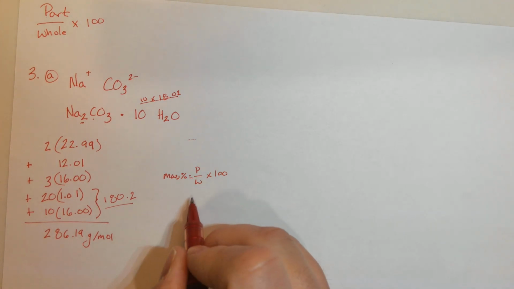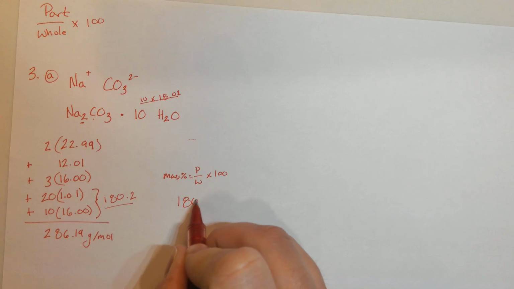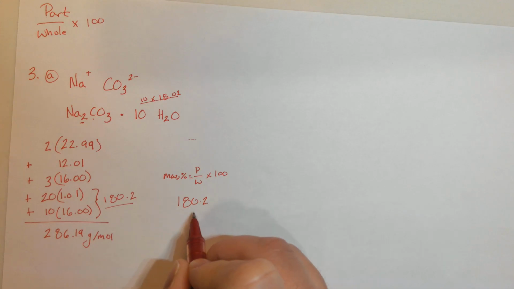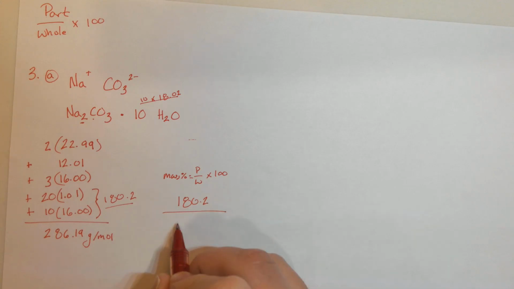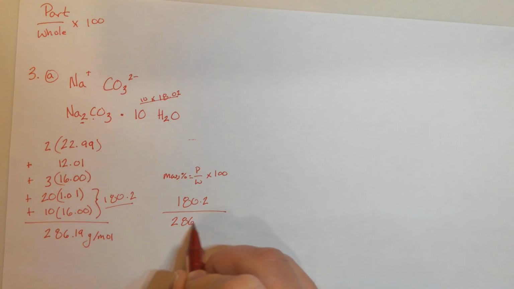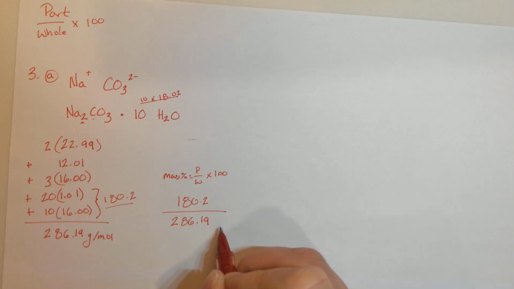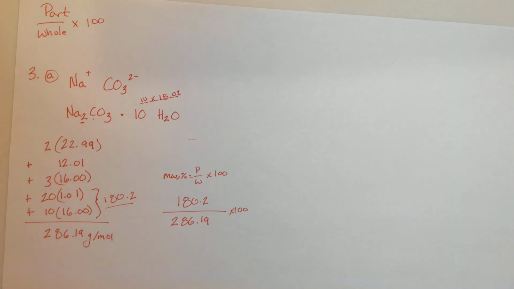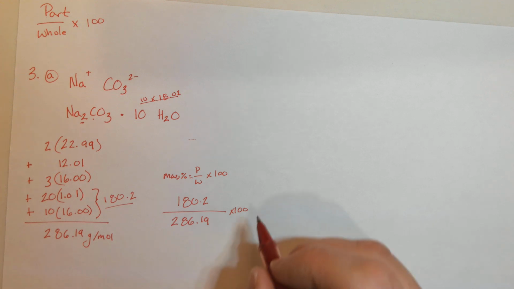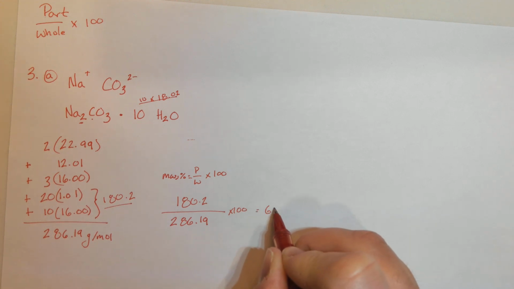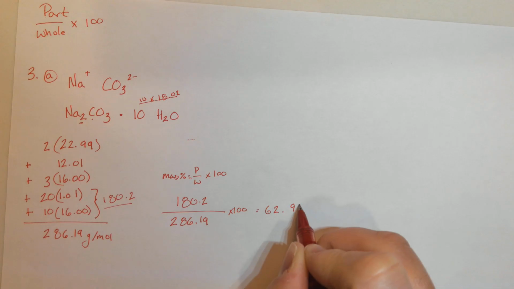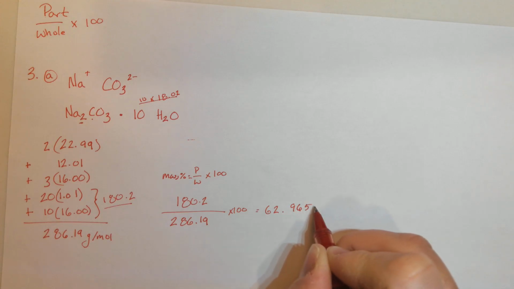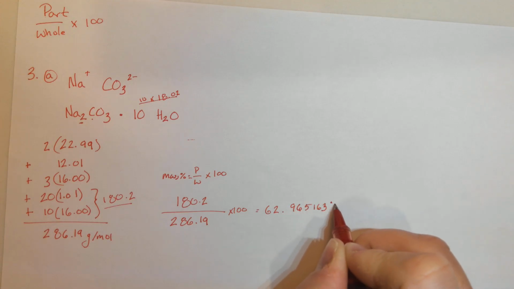Great. And then we'll take the part, which is 180.2, and we'll divide it by the whole, which is 286.19 times 100. And when we do that, we will get 62.965.